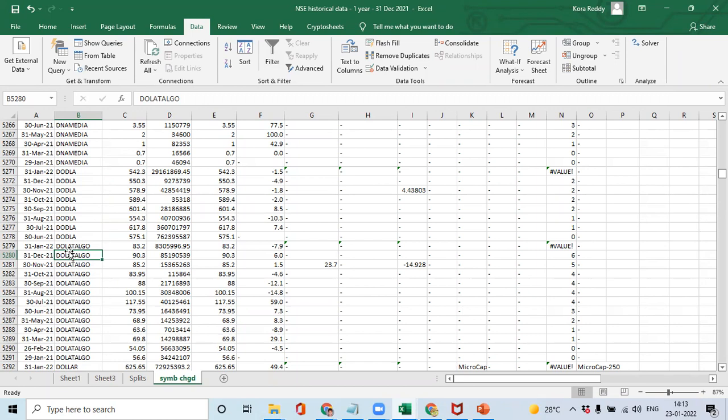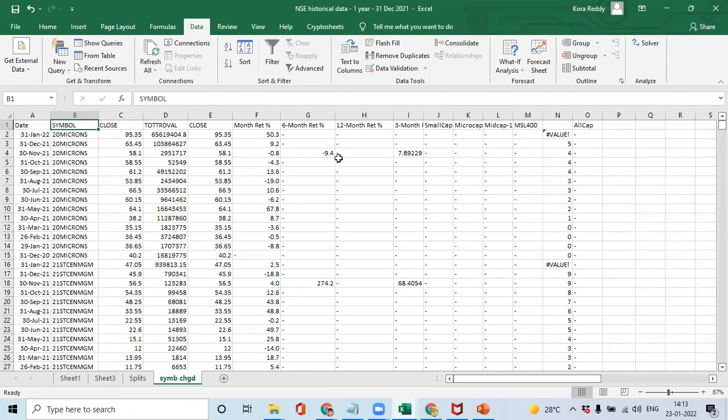Then what is the next step? What is the next step in the price adjustments? You have to look for bonus or splits, right? So how do you do that? It's simple.